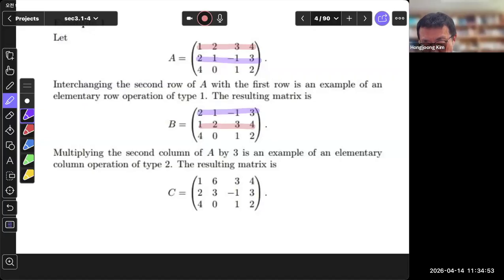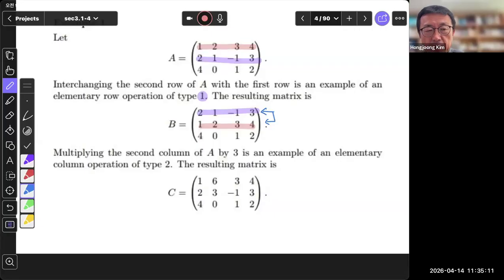So this is the result of type 1 operation, interchange. And as I said, from B to A, if I re-interchange these two rows, you go back to A matrix, right? So this being reversible is a very important property of elementary row operation.